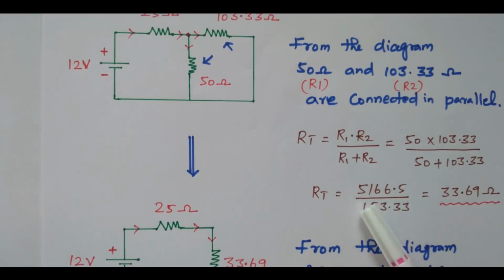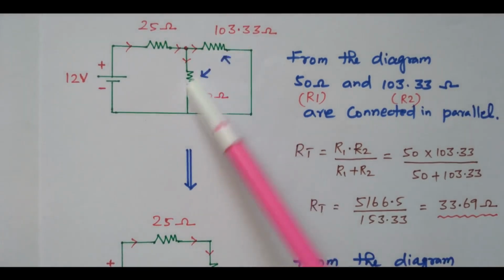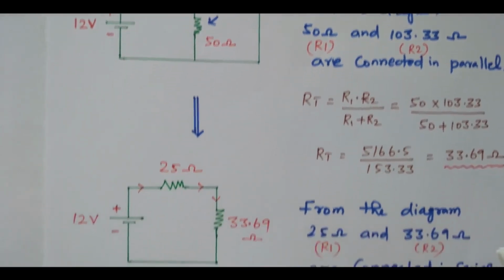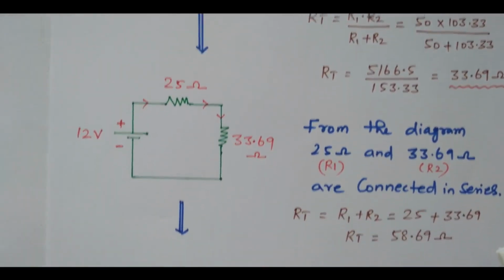So that is 5166.5 divided by 153.33, which is nothing but 33.69. These two resistors connected in parallel, the equivalent resistance will be 33.69 ohm. So now we can replace these two parallel resistors with a single resistor 33.69. So that is replaced here.